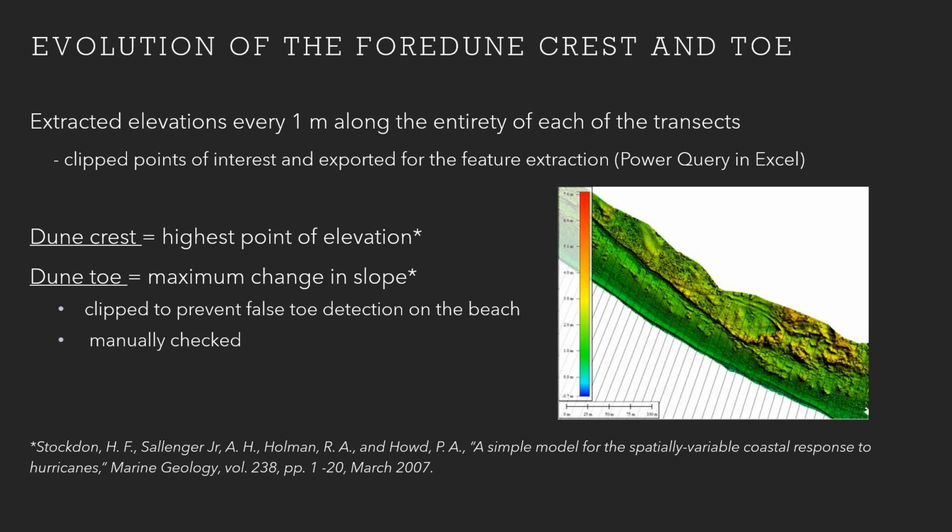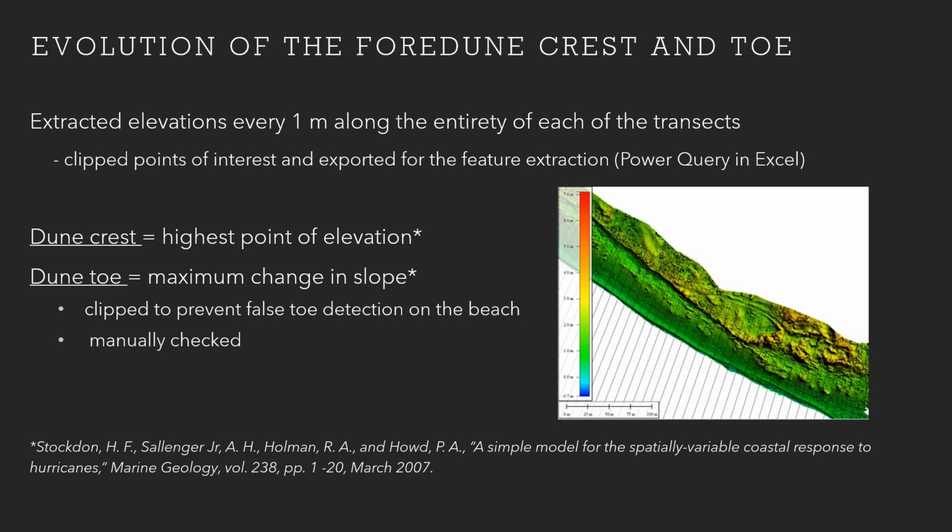Dune crest was identified as the highest point of elevation along the transect, and then the dune toe was the maximum change in slope. Now, on the beach, sometimes there were steep changes in slope that were clearly not the dune toe. So because of this, I was actually able to clip out a large segment of the beach and the back dunes to ensure that that would not skew my dune toe results.